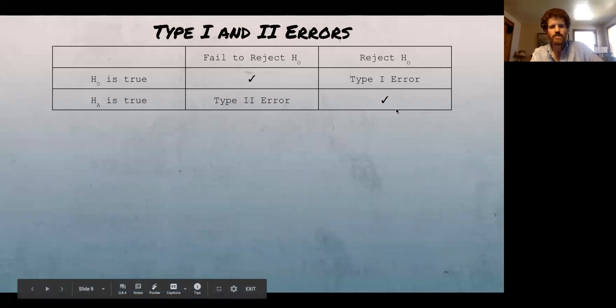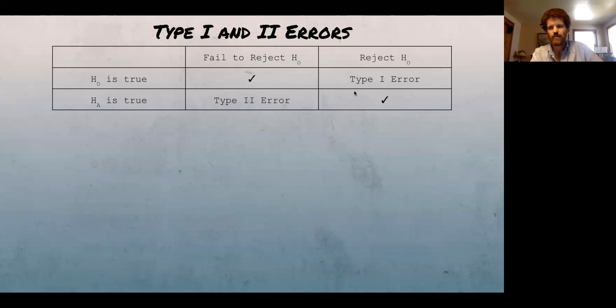So here we go. You'll see two-way tables that look like this. On the left we have whether the null is objectively true or if the alternative is true. Now we can't always know this, but let's just figure out what can happen. Let's say that we know that the null is true and we fail to reject the null. Well, that's a good thing. We don't want to reject the null if it's true.